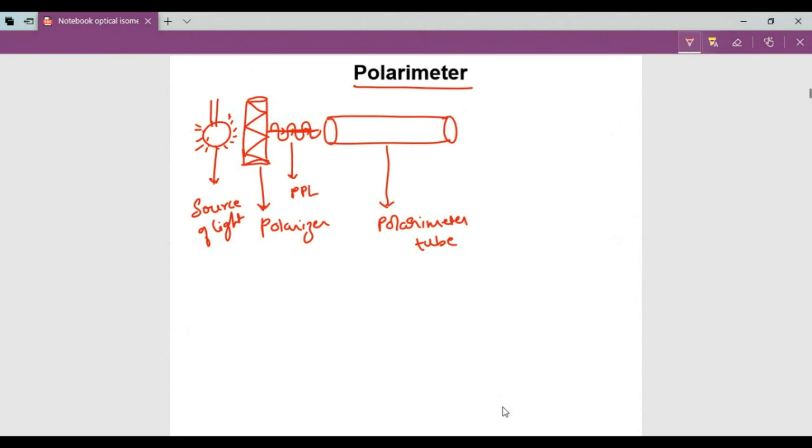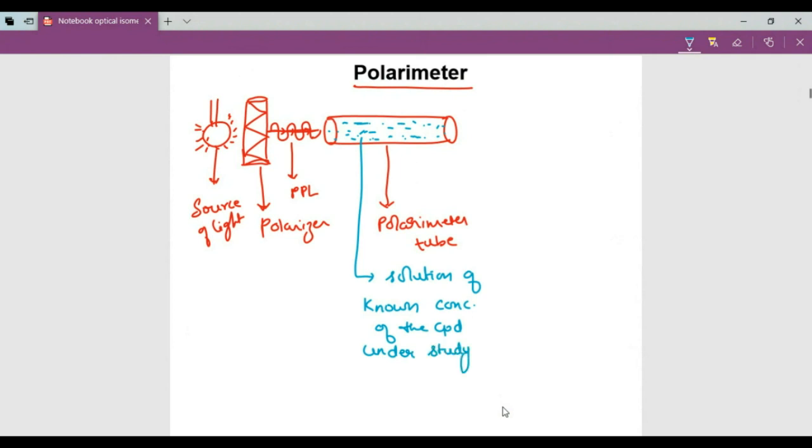In this polarimeter tube, we fill a solution of known concentration of the compound whose optical activity is under study.